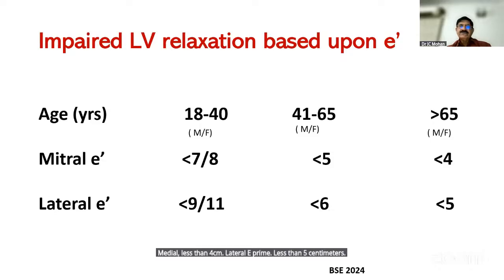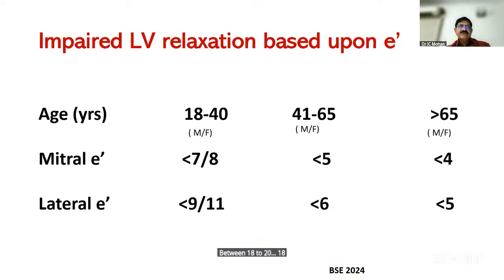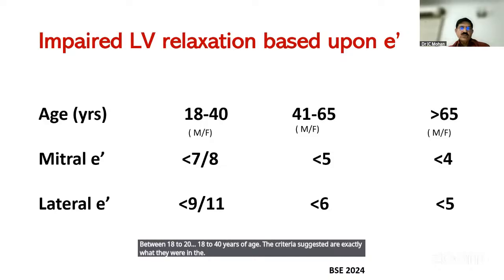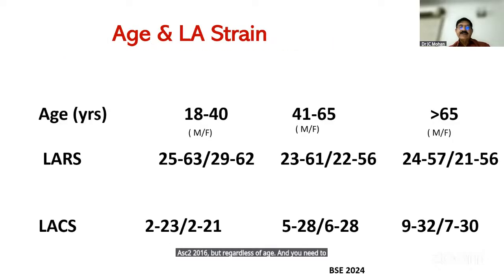But between 45 to 65, less than 5 and less than 6. Now, these criteria are different from what the American Society of Echo suggests. Between 18 to 40 years of age, the criteria suggested are exactly what they were in the ASC 2016, but regardless of age. And you need to keep that in mind.